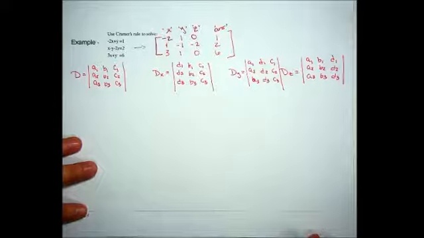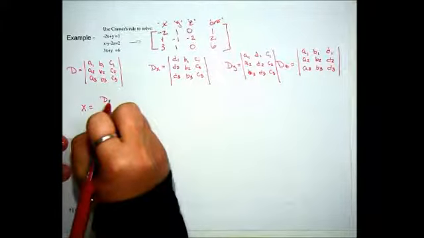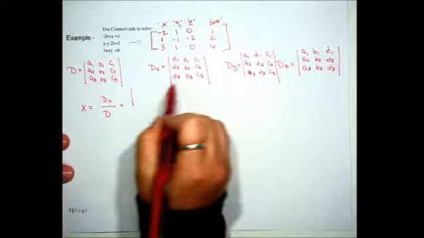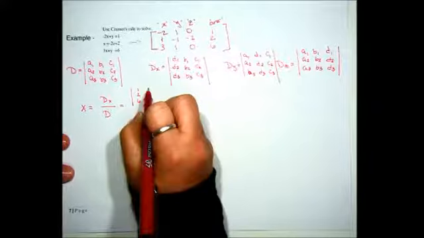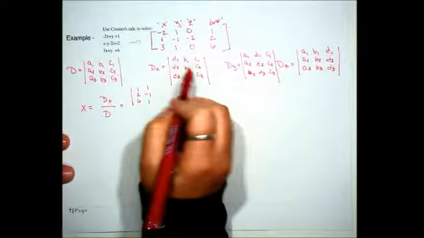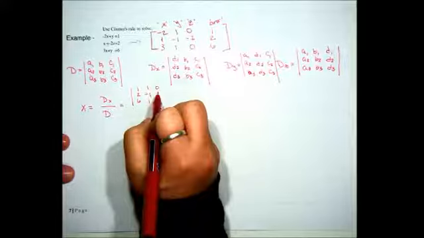The value of x is determined by finding Dx over D. Dx is the determinant of my D values in my first column, 1, 2, 6, my B's in my second column, 1, -1, 1, and my C's in my third, 0, -2, 0, divided by my capital D determinant.